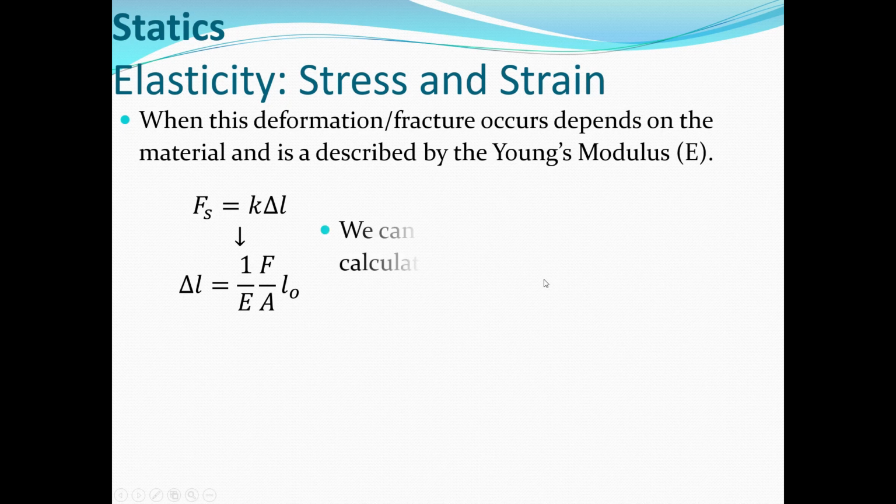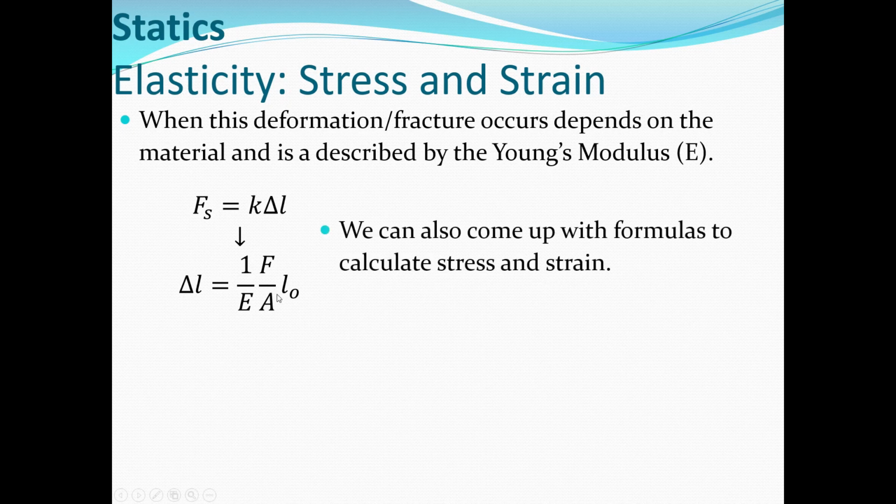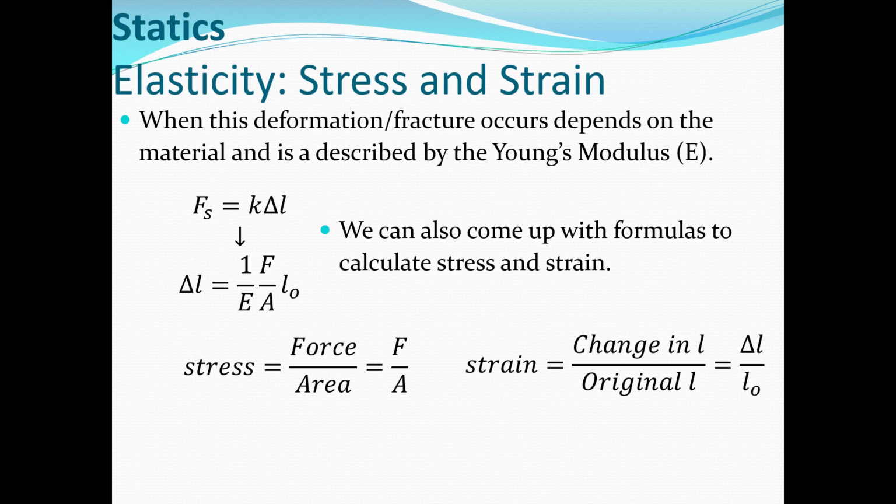All right. So from this, we can come up with two equations dealing with what's called stress and strain. Stress is essentially the pressure on the object, so it's the amount of force over the area that's applied. And then strain is the ratio of change in length over the original length, essentially how much you're applying and how much you're getting out of it.